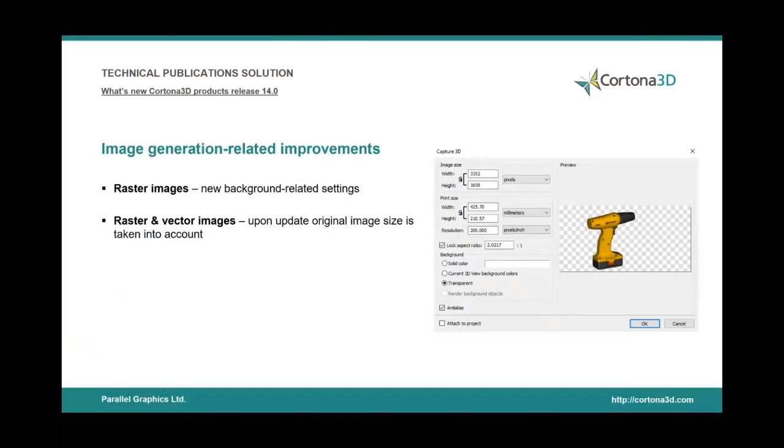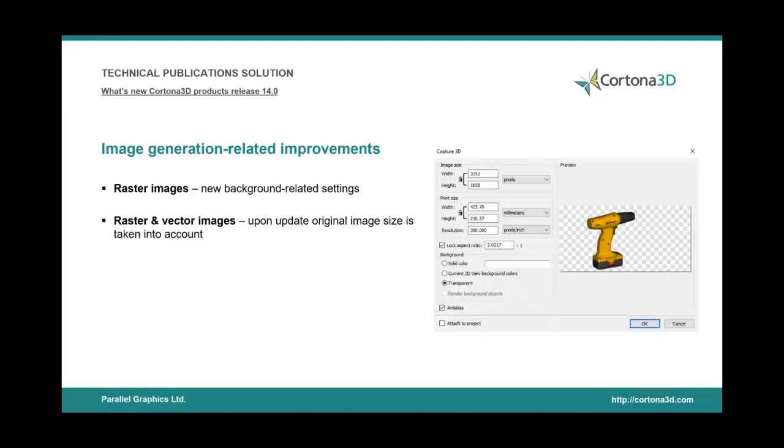Another quite important change in logic of the image generation is that the original image size, that is width and height, they are both taken into account when you subsequently update illustration. In the past, upon update, only the currently set width and height of illustrations were taken into account.